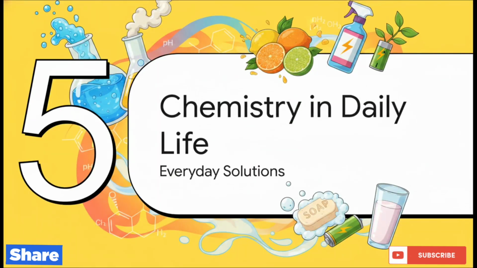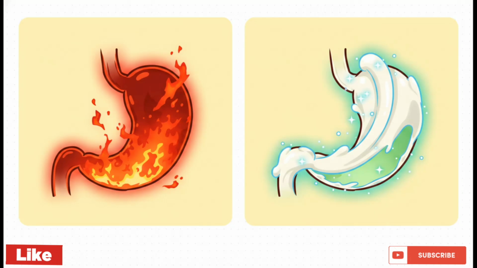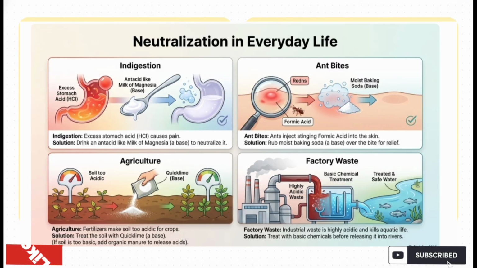All right, let's step out of the lab and into section 5, chemistry in daily life. Let's see how we can use this exact science to solve everyday problems. We've all had a bad stomach ache, right? Well, that indigestion is actually caused by an excess of hydrochloric acid that your stomach naturally produces.